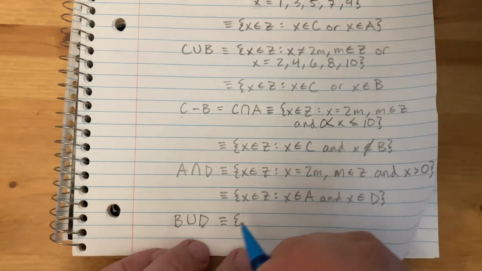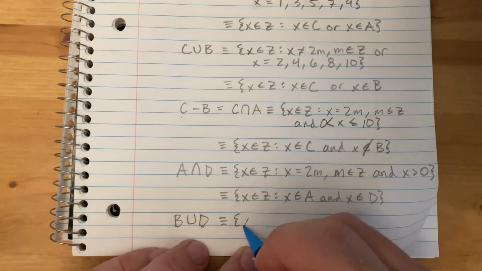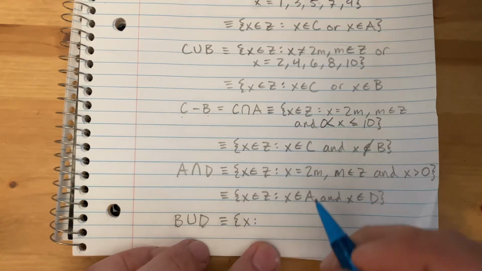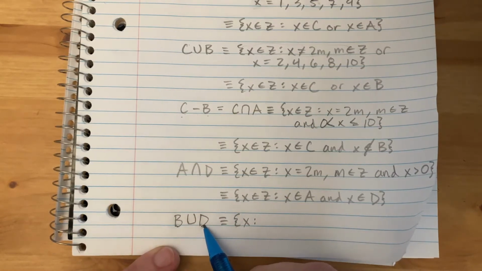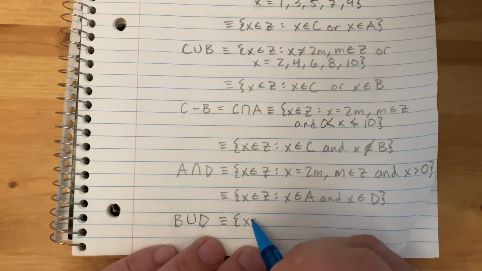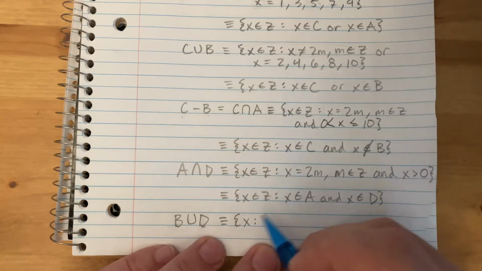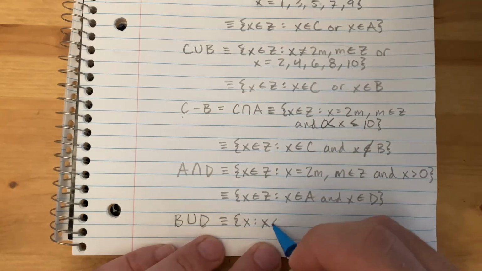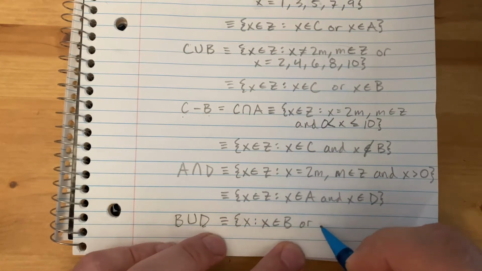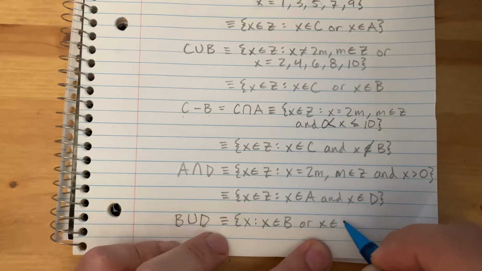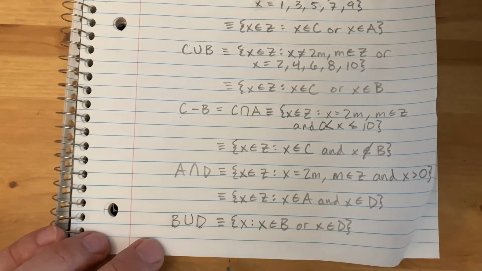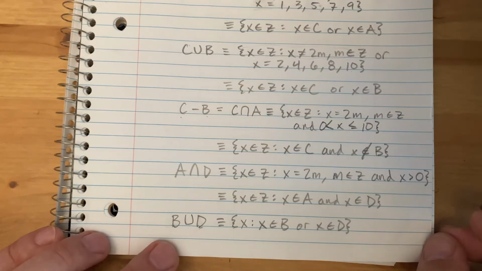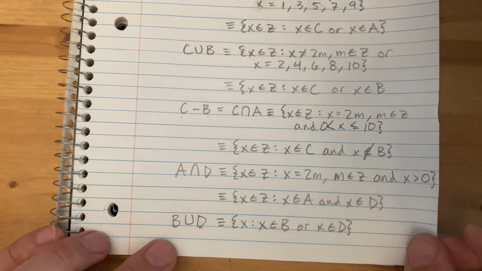There's probably other ways to describe it, but x such that, okay, we don't want to limit x to just integers anymore because the set D is all non-negative real numbers, not just integers. So just x by itself such that x is an element of B or x is an element of D, right? Again, just using the definition of union. So that's definitely the easiest way to do it that I can think of. Again, there's probably other ways to describe it, but that's definitely the easiest.